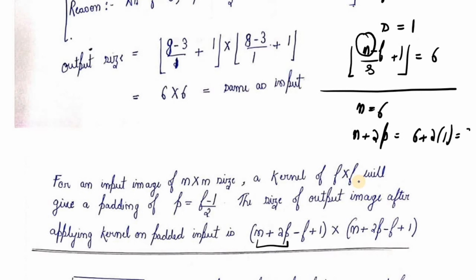The padding was 1 only, which is 8. Now either we can say that the input size of the padded image is 8 cross 8, or we could just maintain that the input size of the image is going to be n plus 2p cross n plus 2p. In either of the cases, the formula will remain the same and the output image is going to be the same as the input image.